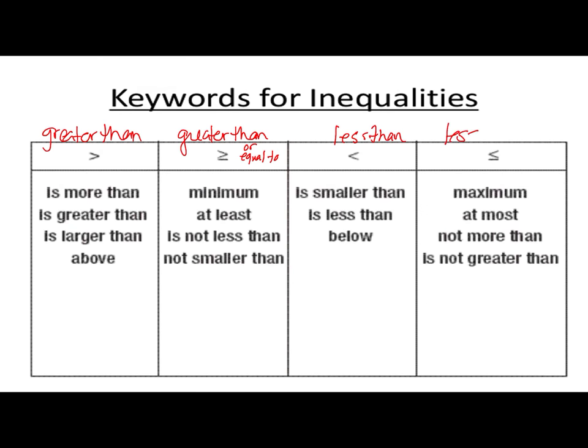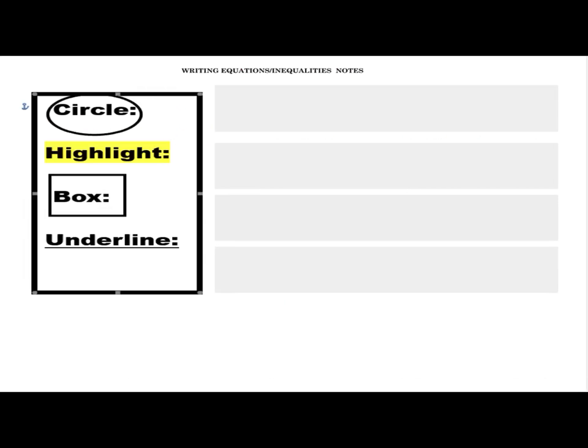And then less than or equal to. Okay. And notice how the greater than has minimum and at least, and less than or equal to has maximum and at most. So make sure we'll be using these today as well. So we're going to make this work.